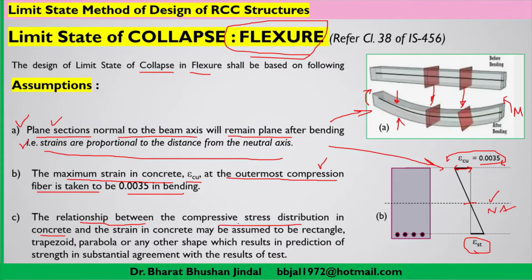The relationship between compressive stress distribution in concrete and the strain in concrete may be assumed to be a rectangular, trapezoid or parabola, or any other shape which results in the prediction of strength in substantial agreement with the results of the test. All these assumptions we have taken from IS 456. In the next slide you will be able to understand the exact meaning of this third assumption.